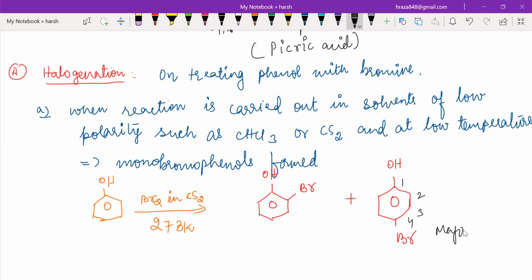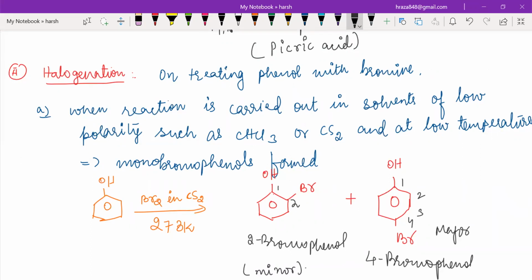This will be major, and its name will be 4-bromophenol. And you can see its name will be 2-bromophenol, and it will be minor, right? Yes, sir. Please write it.